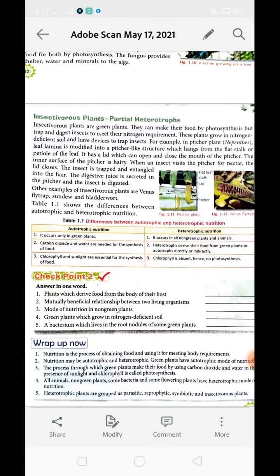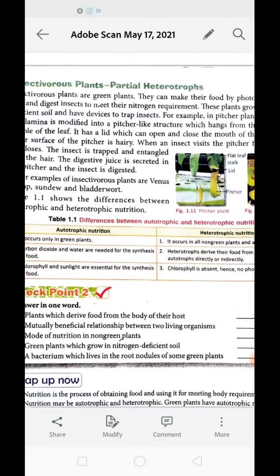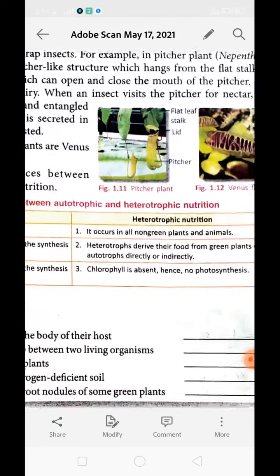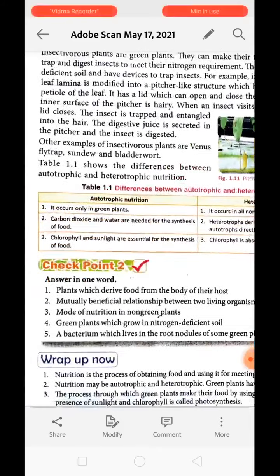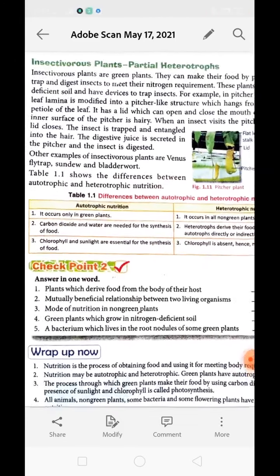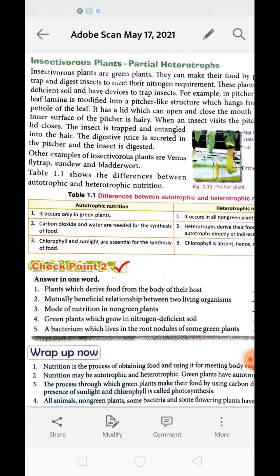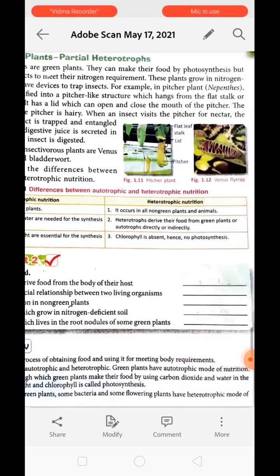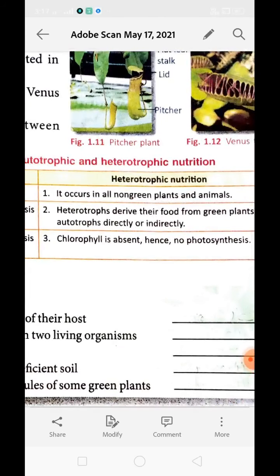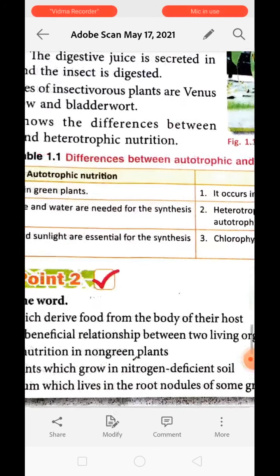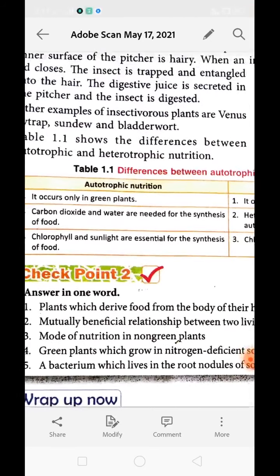Next is the difference between autotrophic and heterotrophic nutrition. See, over here it is given autotrophic mode of nutrition and heterotrophic. We will compare them. The first thing is autotrophic nutrition occurs only in green plants, whereas heterotrophic nutrition occurs in non-green plants, understood? Or animals. Next, to perform autotrophic mode of nutrition, carbon dioxide and water are needed for the synthesis of food.